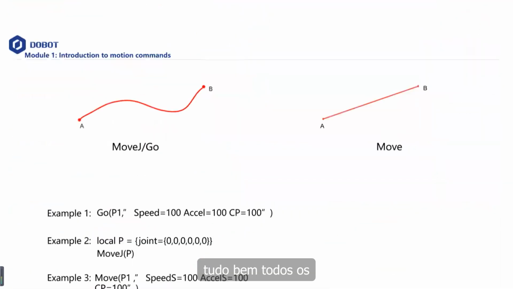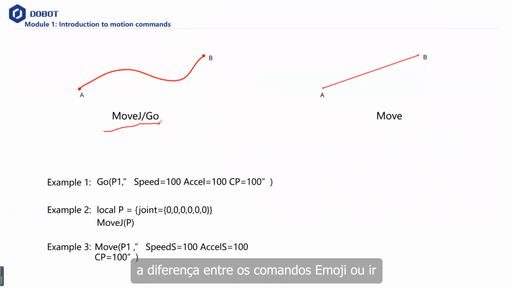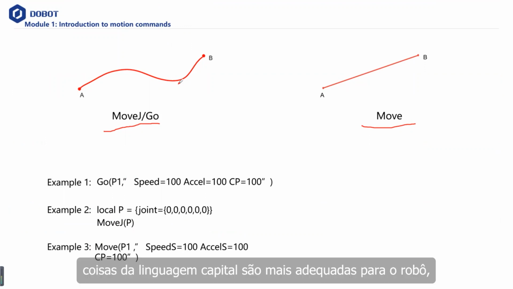All right. These are the motion commands. We can see the difference between the MoveJ or Go and Move commands. The biggest difference is the trajectory. The trajectory for MoveJ and Go would be a curved line. The robot will go from A to B in a curved line, which the algorithm thinks is most suitable for the robot.